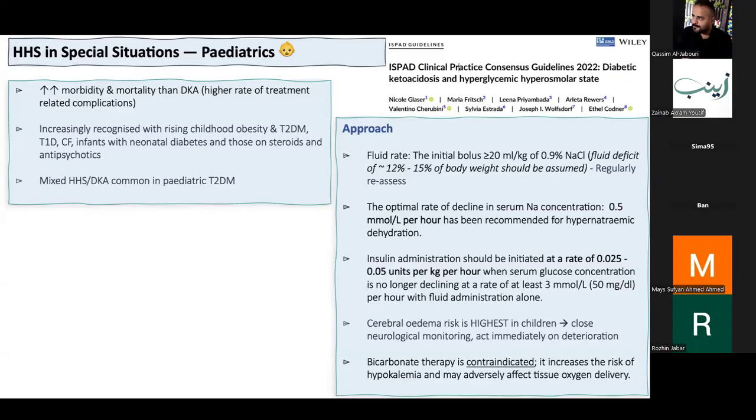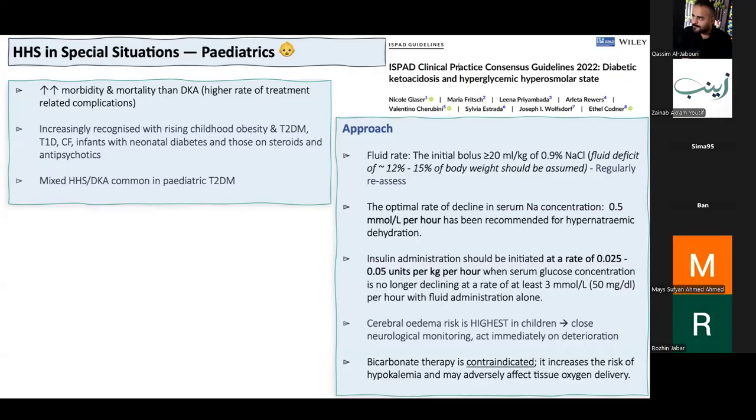So for DKA, the protocol says to give 10 to 20 mils per kg per hour to resuscitate. But for HHS, the ISPAD guidelines recommend giving 20 or more mils per kg per hour of normal saline.